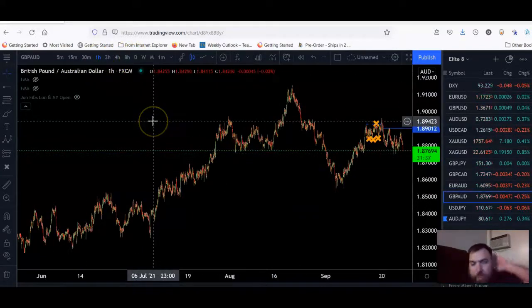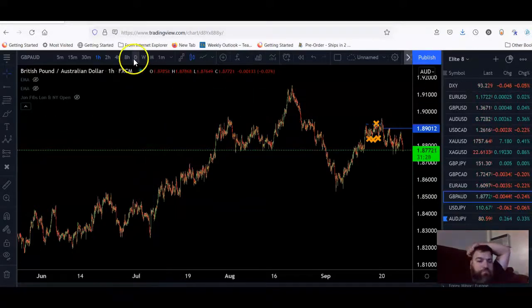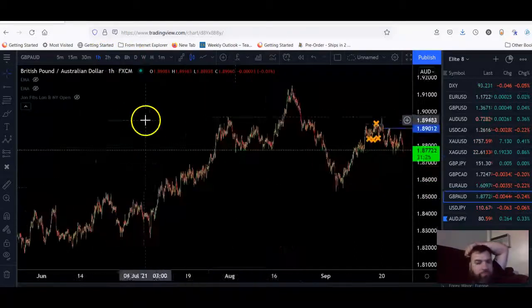I usually don't trade the Great Britain pound Australian dollar, but it's one of the fastest moving pairs and pretty volatile. So I'll look at it.